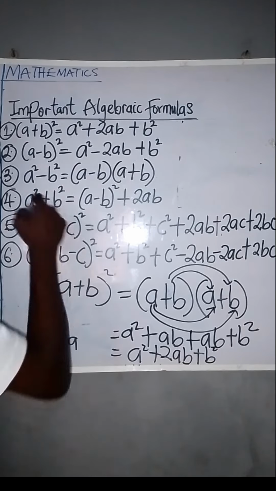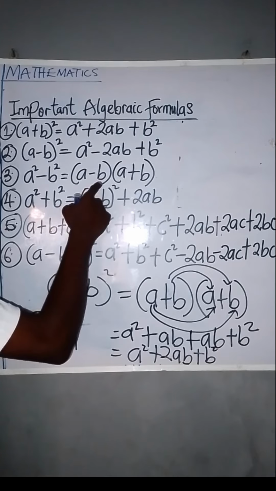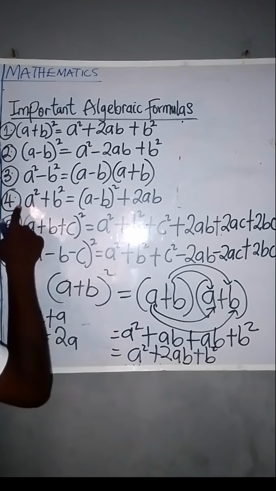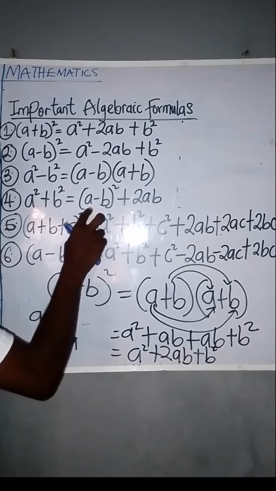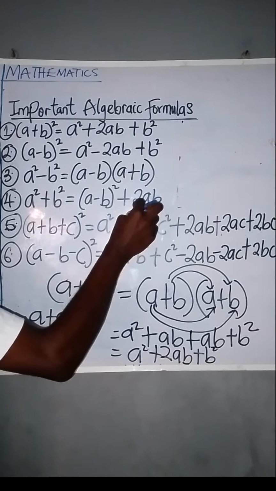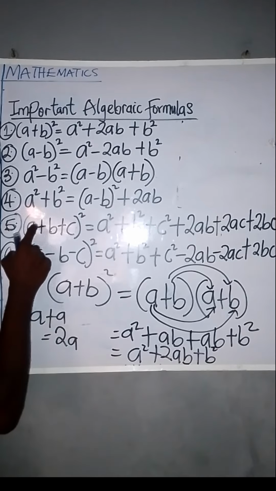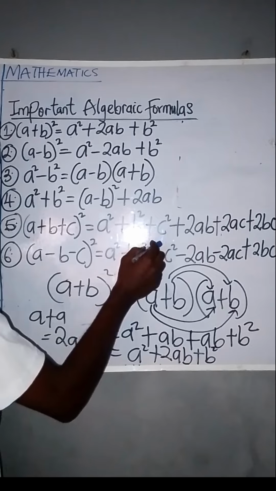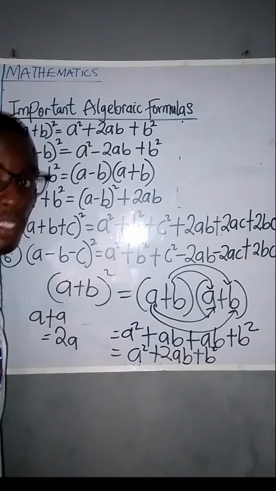Number 3, if I have a squared minus b squared, it equals (a minus b)(a plus b). Number 4, a squared plus b squared equals (a minus b) squared plus 2ab. Then I have number 5, (a plus b plus c) squared, giving me a squared plus b squared plus c squared, then plus 2ab plus 2ac plus 2bc.